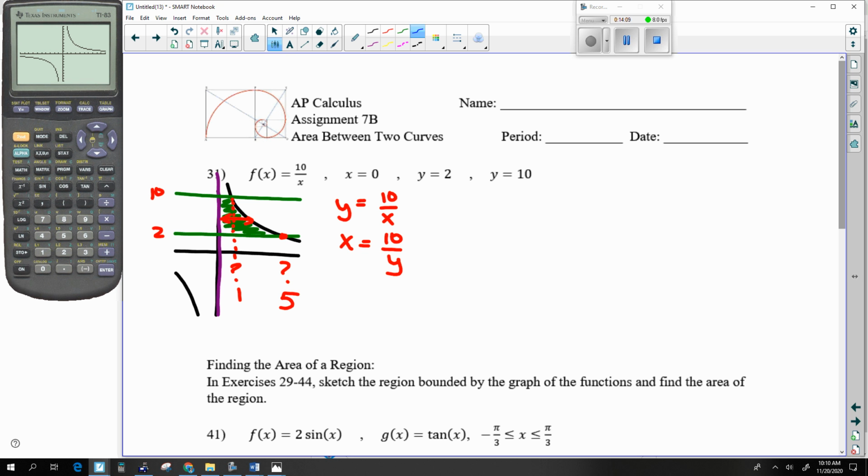Okay, so this is going to be our integral from 2 to 10 of our curve, which is 10 divided by y, or aka 10 y to the negative 1. Okay, so this is ln.